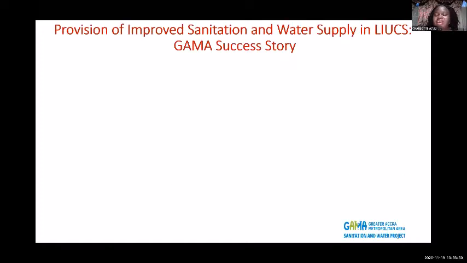We have this initiative only in the Greater Accra Metropolitan Area. We call it the GAMA Sanitation and Water Project. So the idea was to scale up household toilet access in these low-income communities, and therefore decided to use a different approach, a bottom-up approach, to see how we'll be able to scale up this target.